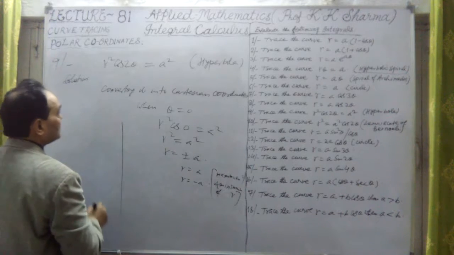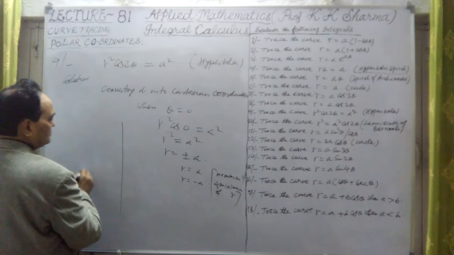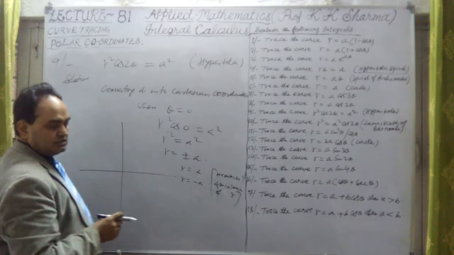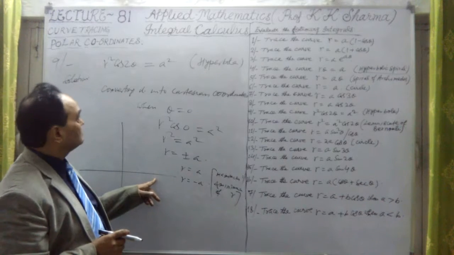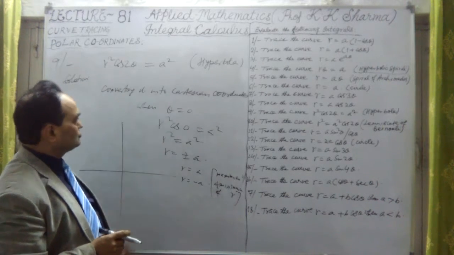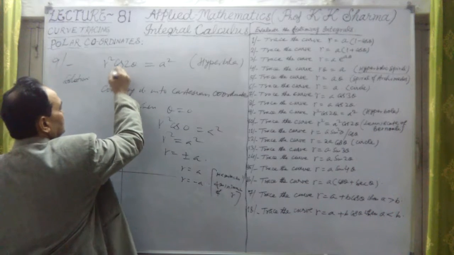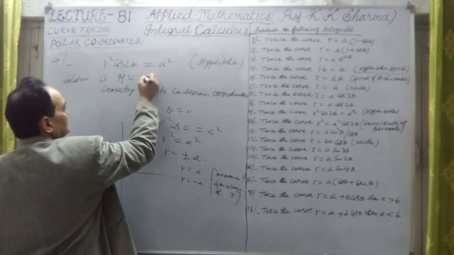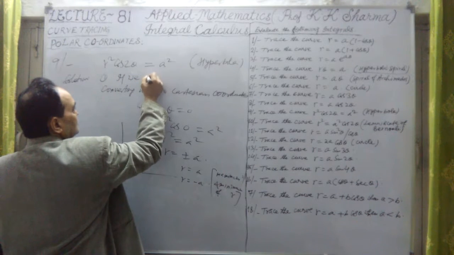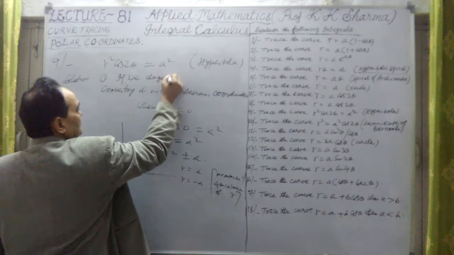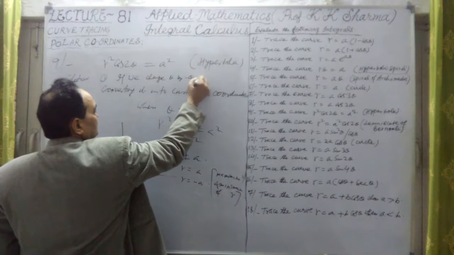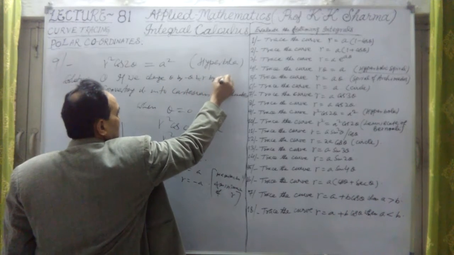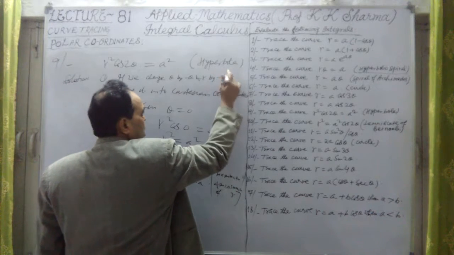If I draw the curve, r square is naturally symmetric about the pole, and about the initial line also. If we change theta by minus theta and r by minus r, there is no change.